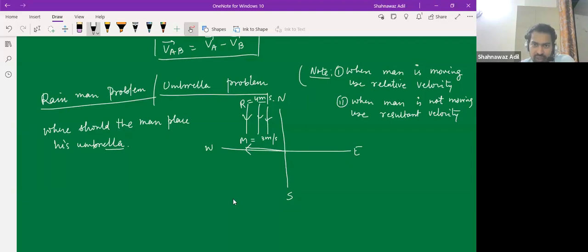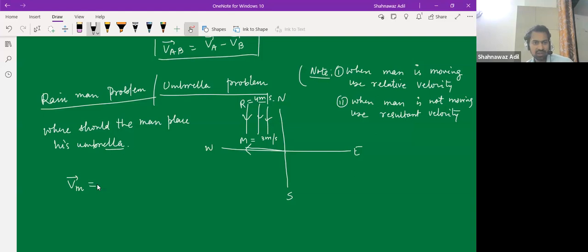Yes, sir. Okay, so what we do is that this is the velocity of man. So the man is moving, right, in the west direction. So can you guys tell me what would be the vector of man?